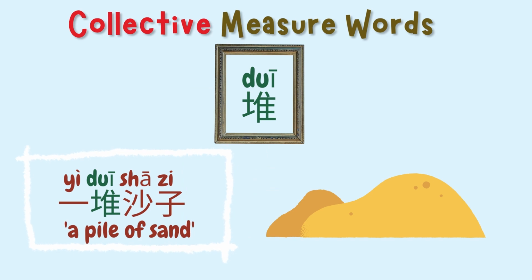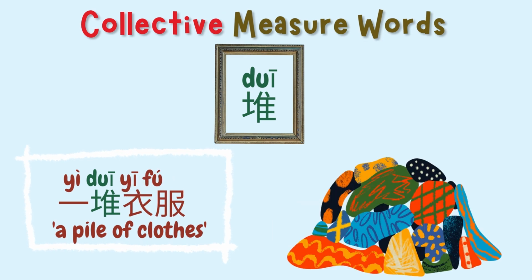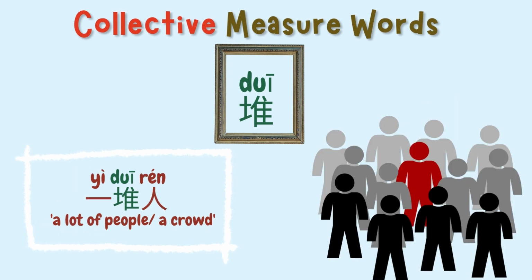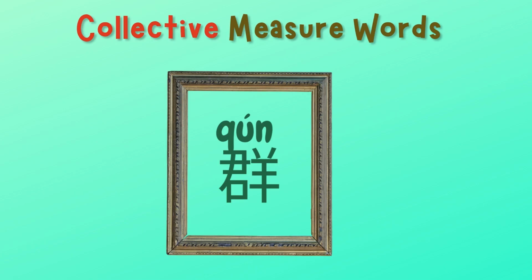Look at the example. 一堆沙子, a pile of sand, 一堆衣服, a pile of clothes, 一堆问题, a heap of questions, 一堆人, a lot of people or a crowd.